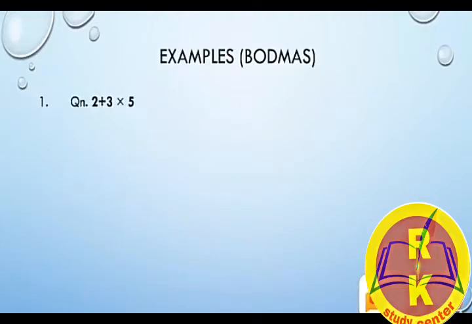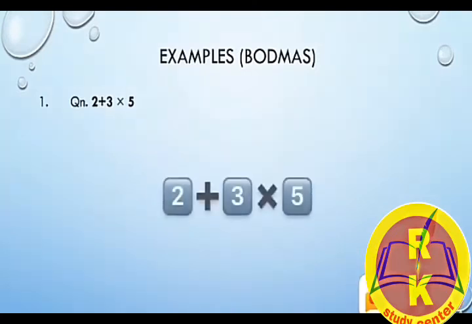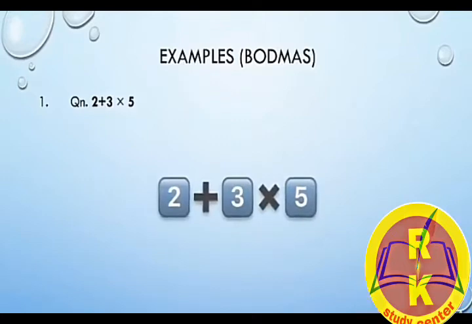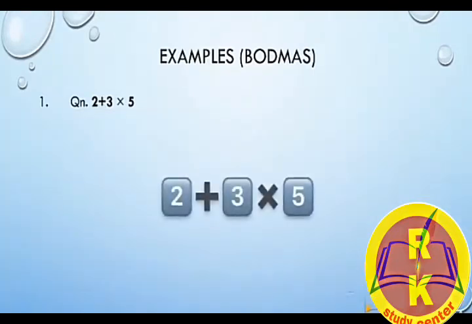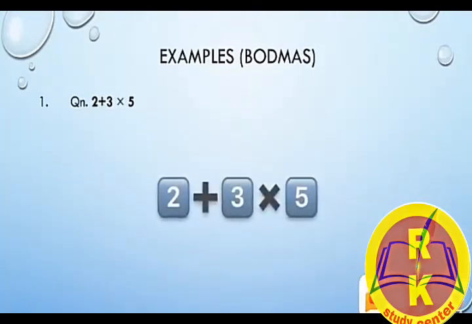So now we will see some examples. The first problem is 2 plus 3 into 5. So here plus and multiply are there. Which one will we do first? According to the BODMAS rule, multiplication has more priority than addition.